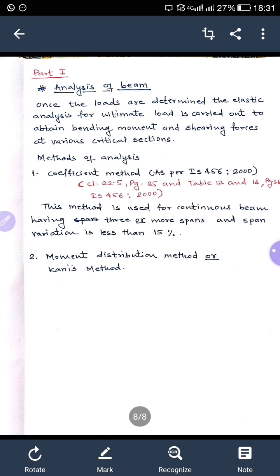A well known or regularly used method is the moment distribution method. So in our numerical also we are going to use the moment distribution method.